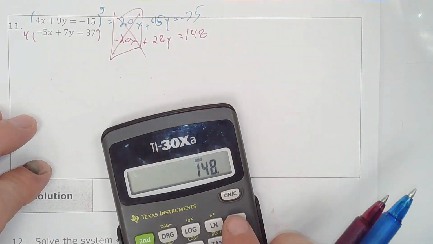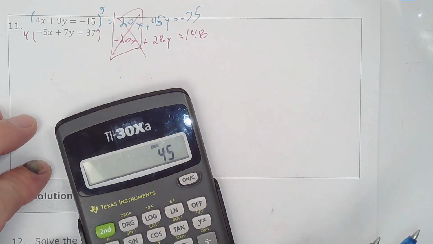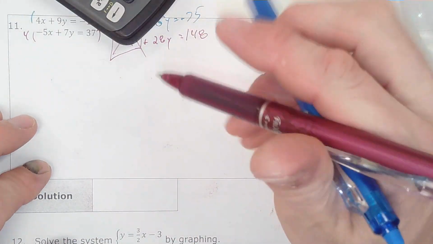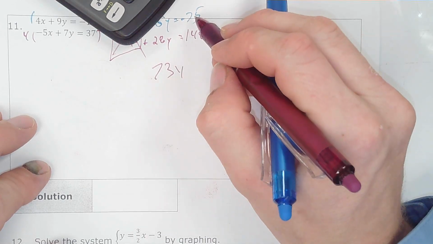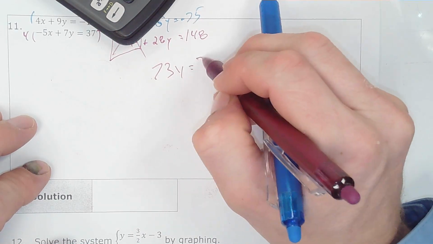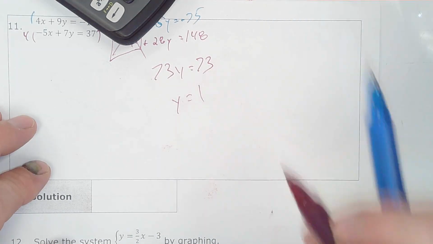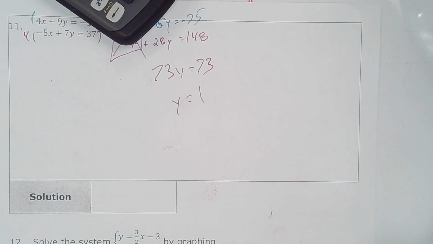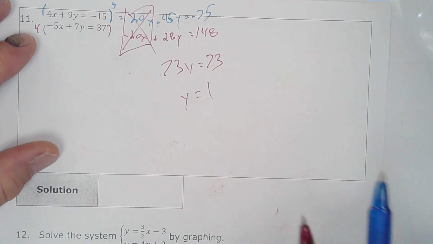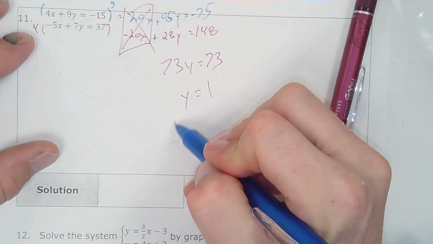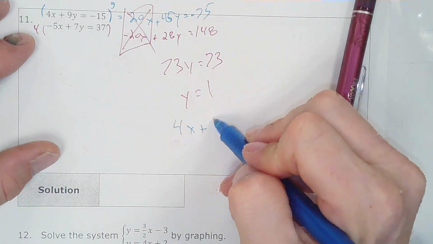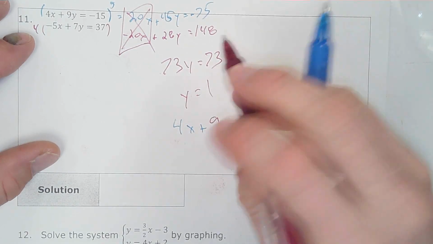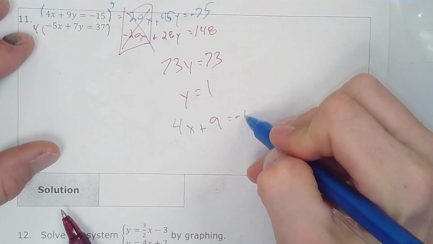So I have to add 45 and 28. 45 plus 28 is 73y, and negative 75 plus 148 is 73. y equals 1. Recycle the y. Do it in the blue equation. 4x plus 9 times 1, or 9, equals negative 15.